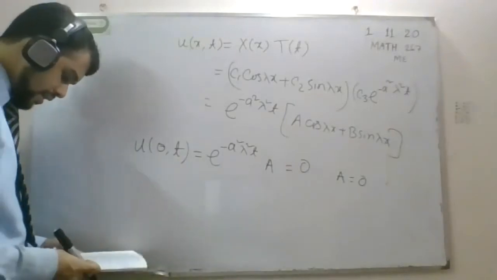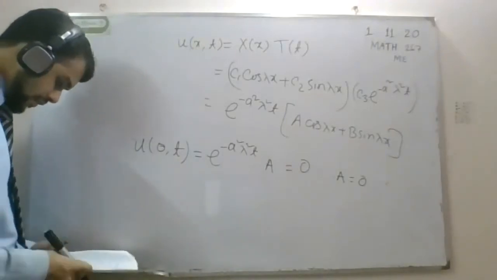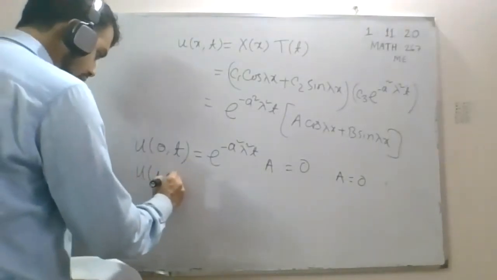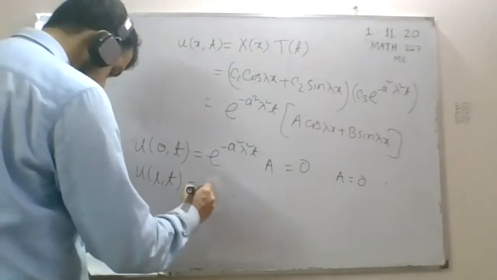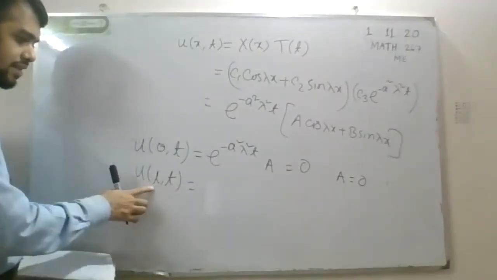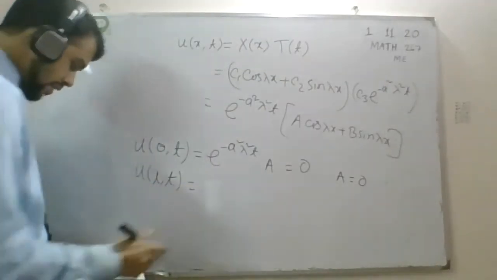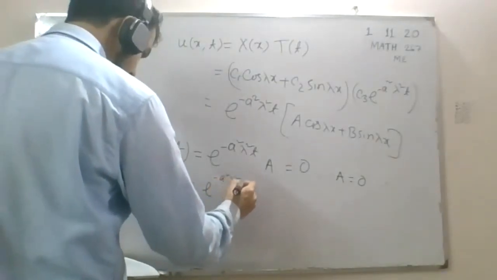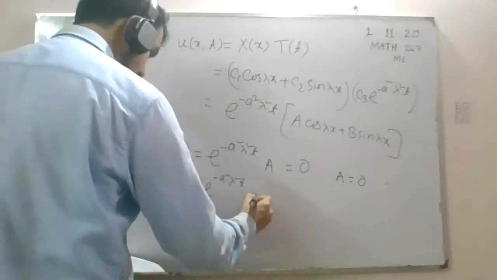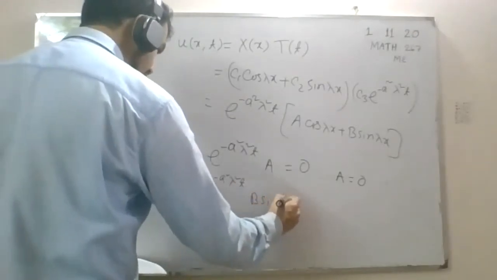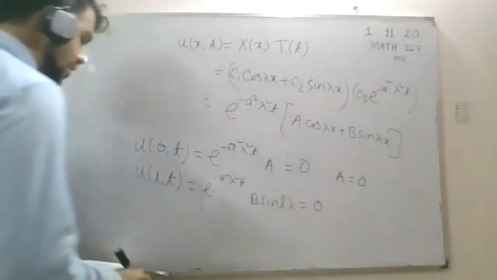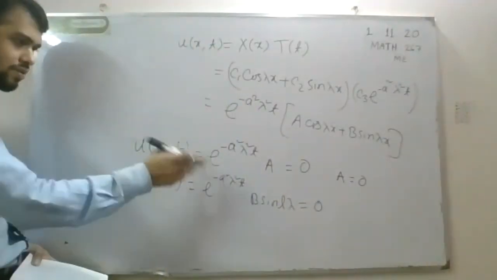Okay. And again, you can say u(l, t). Another one, if you put x equals l, then you can get e to the power minus a square lambda square t into B sin l lambda. Okay, and this is also equals to 0. Our given condition is u(l, t) equals 0.